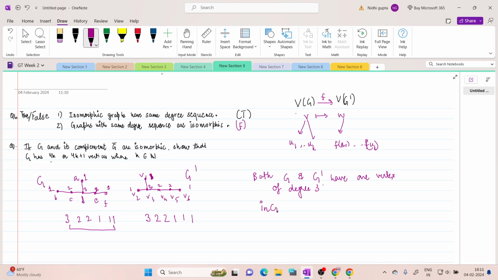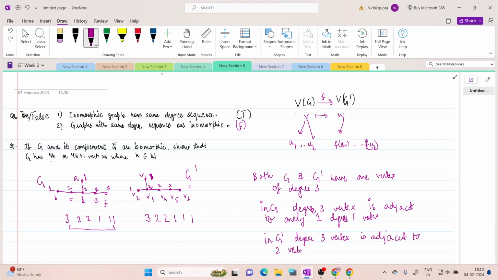In G, the degree 3 vertex is adjacent to only one degree 1 vertex, but in G prime, the degree 3 vertex is adjacent to two vertices of degree 1, which is not possible if they are isomorphic.